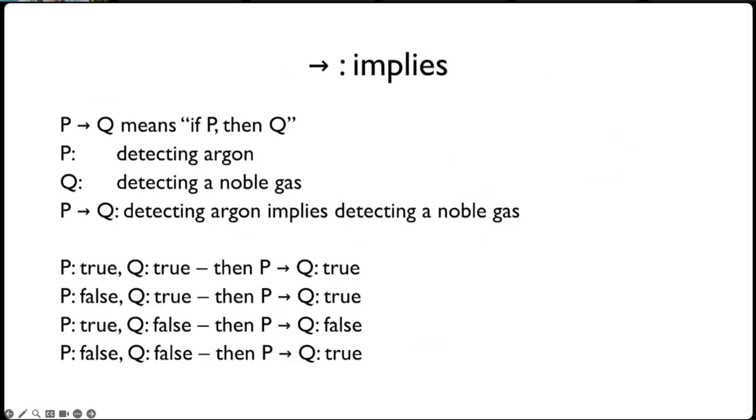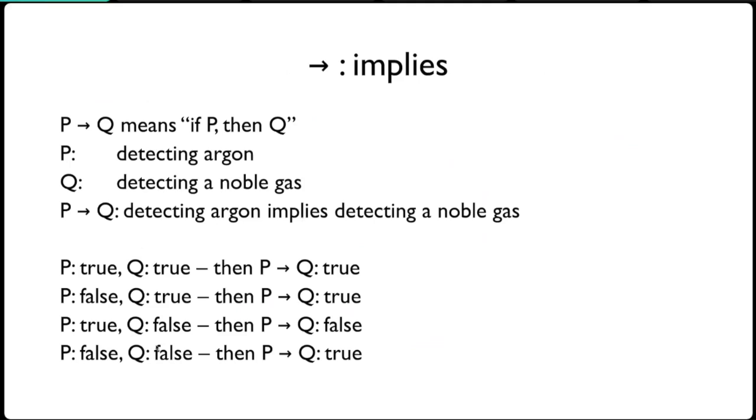Okay. Implies. So implies, you can read this as if P, then Q. My little example is if P is detecting argon and Q is detecting a noble gas, my joint statement would be read as detecting argon implies detecting a noble gas. Or if I'm detecting argon, then I'm detecting a noble gas.